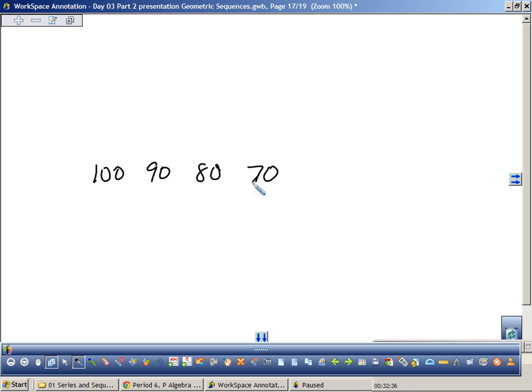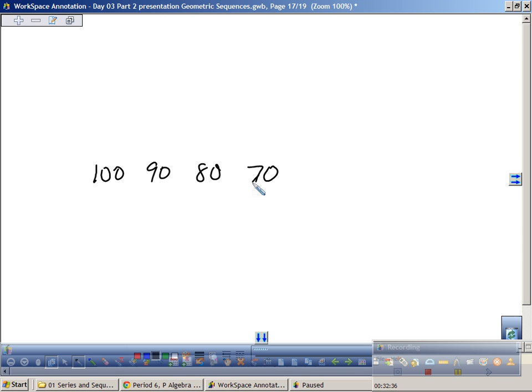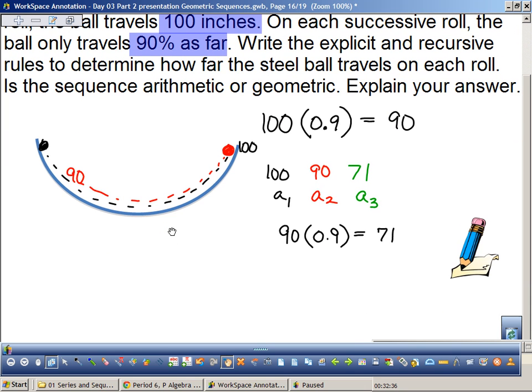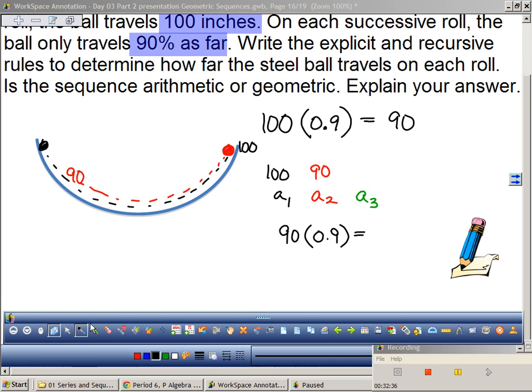What are you doing to each term to get to the next one? Subtracting 10, so that's not what we're doing, right? No, this would be arithmetic. We're doing geometric. So what this would look like, it's 81? Thank you. That makes a little more sense. Sorry, my bad.